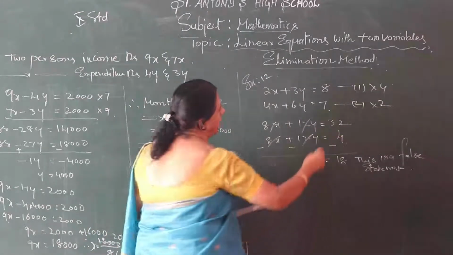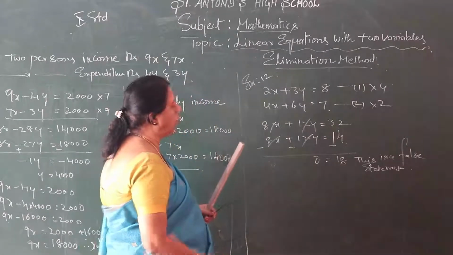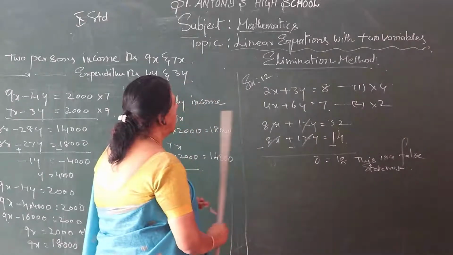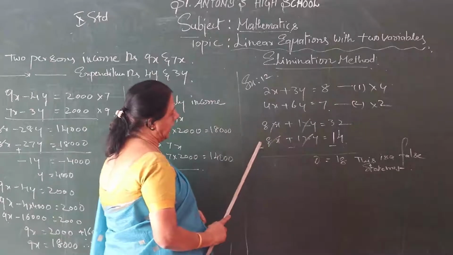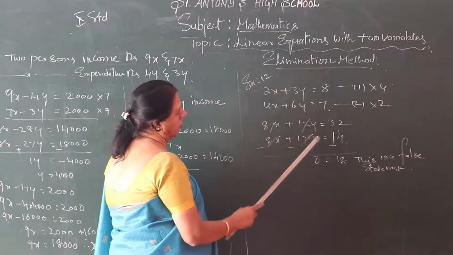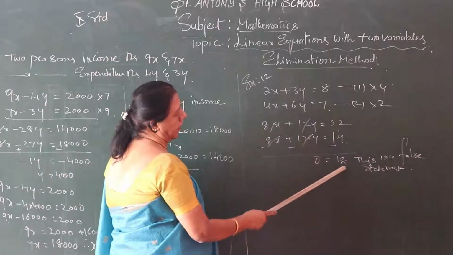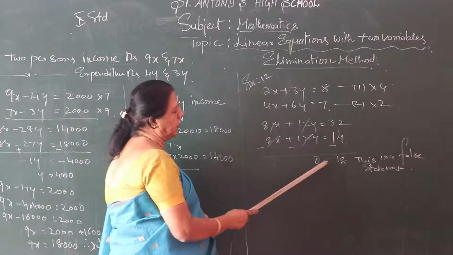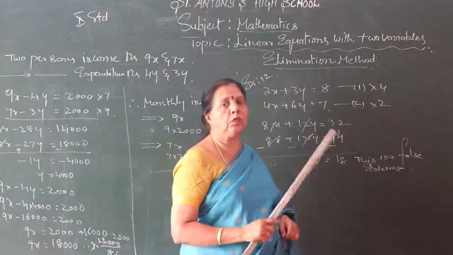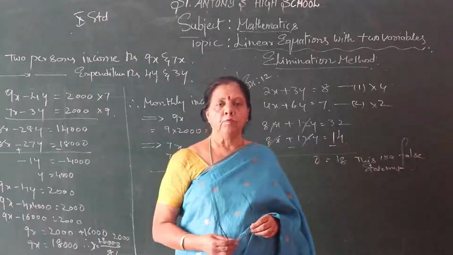Correct? 7 into 2 is 14. Change the sign: minus, so 8x cancels. Here 12y also gives 0, both are 0. The remaining is 8, so there is no variable. This statement is wrong. So this is the way you have to follow the elimination method.